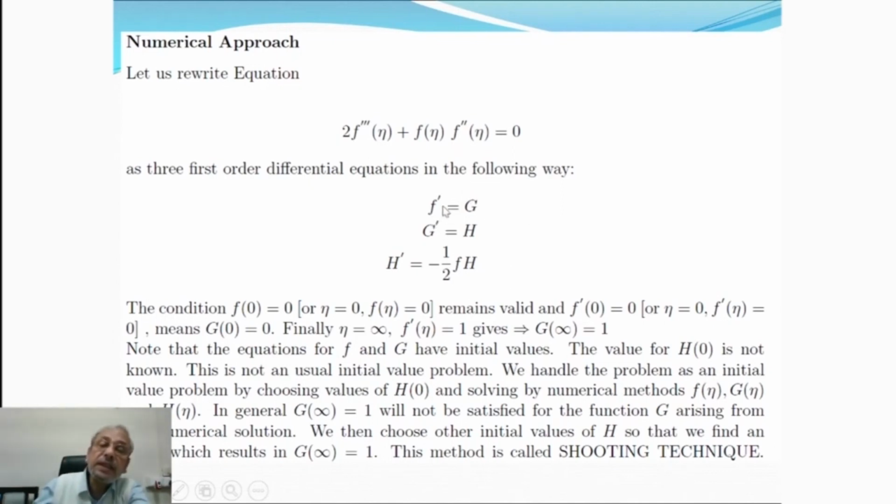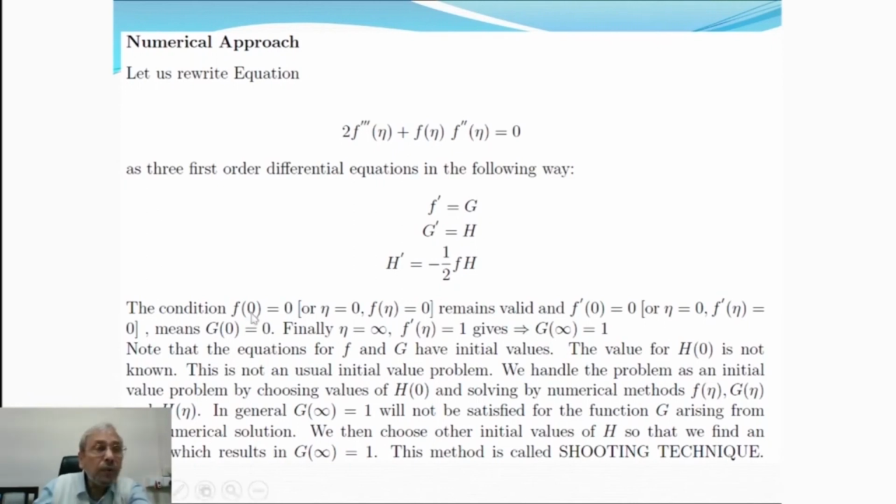For solving this, we basically need the initial conditions f naught, which is the initial condition at eta equal to 0.